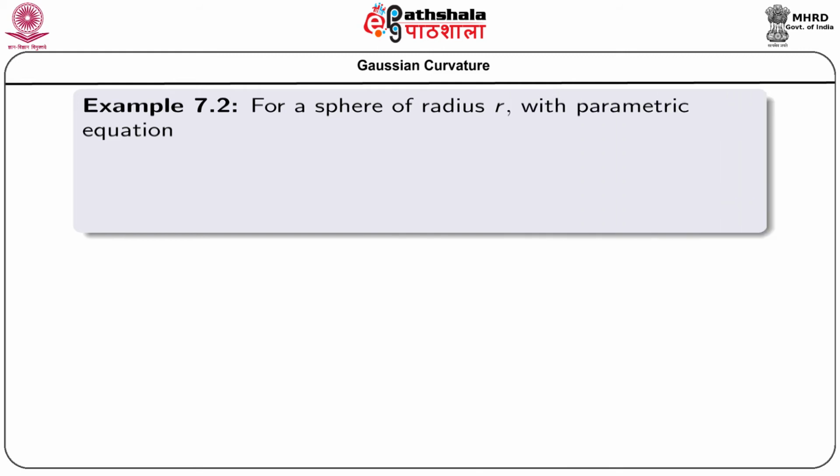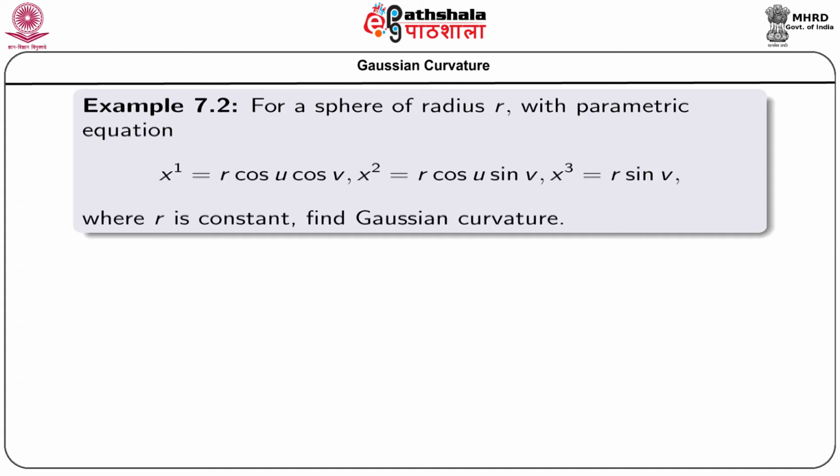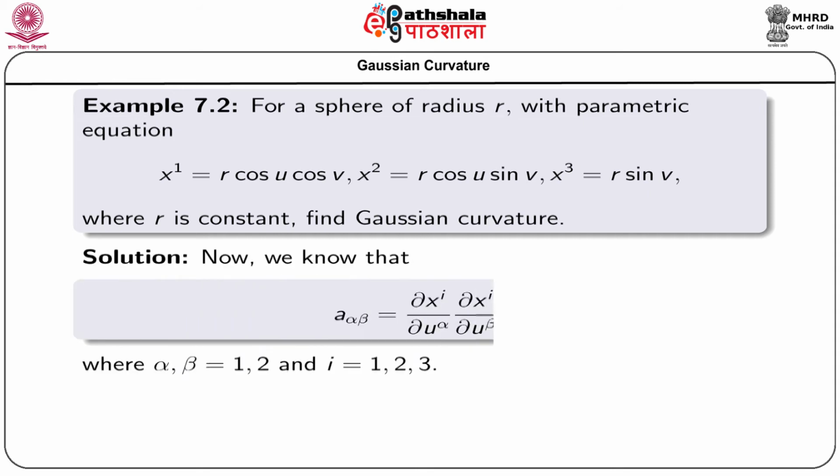Now, let us see how we can calculate this Gaussian curvature. For a sphere of radius r with parametric equation x1 equal to r cos u cos v, x2 equal to r cos u sin v, x3 equal to r sin u, we are going to find the Gaussian curvature. Now, we know the definition of A alpha beta from the previous chapter.